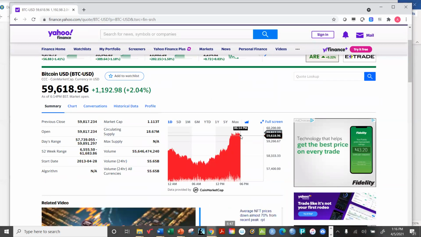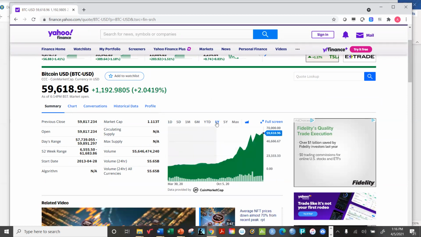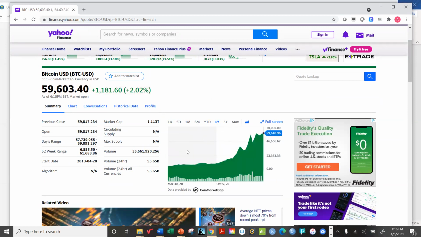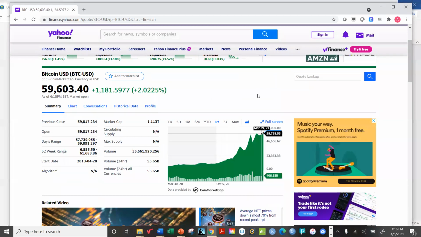Woohoo, look at that. If you bought Bitcoin last year at this time, you could have had one for just about $7,000, and now it's worth almost $60,000. Wow. Jeez, that's pretty interesting.